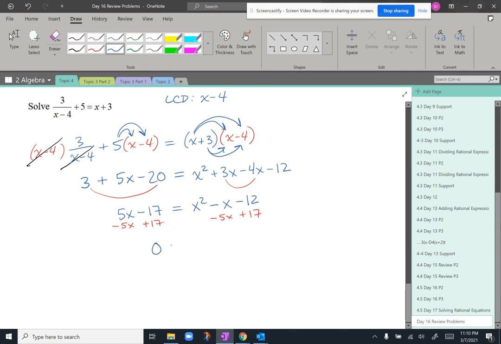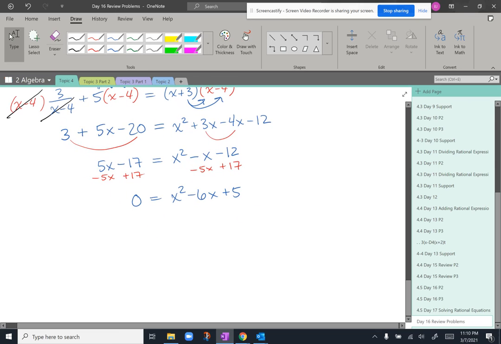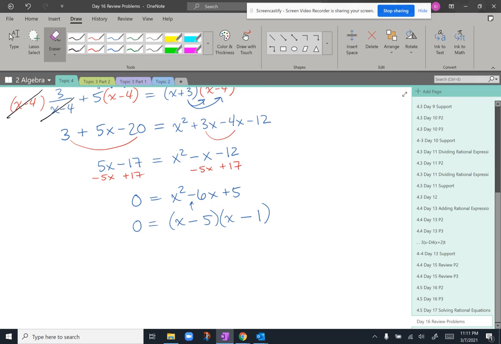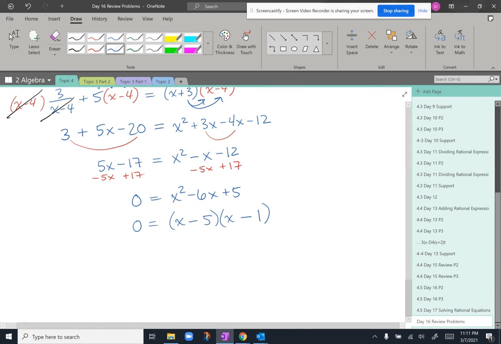I've got 0 on the left side, and I have x squared minus 6x plus 5 on the right. This looks like I can factor it. And indeed I can. So the two numbers that multiply to 5 and add up to 6 are 5 and 1. And when they're both negative, they add up to that negative 6, which is what I need in that factor.